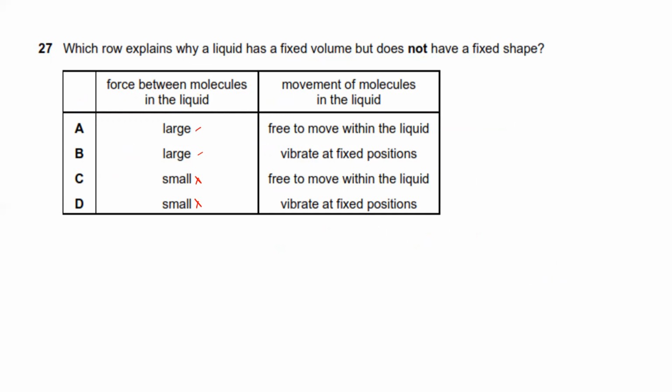And for solid, the molecules vibrate at a fixed position. So answer A seems to be the best one. The rest are not the right choice of answers we have. So answer A is the right option.